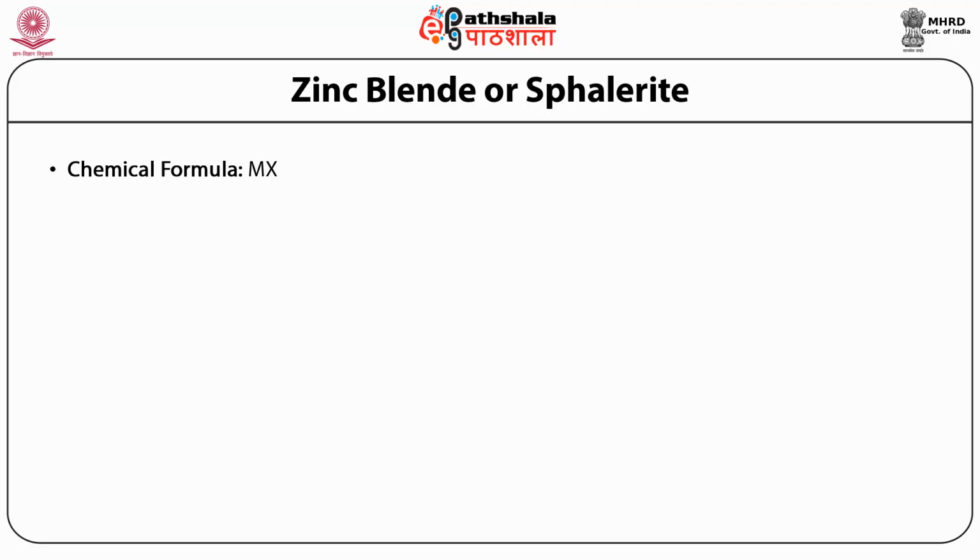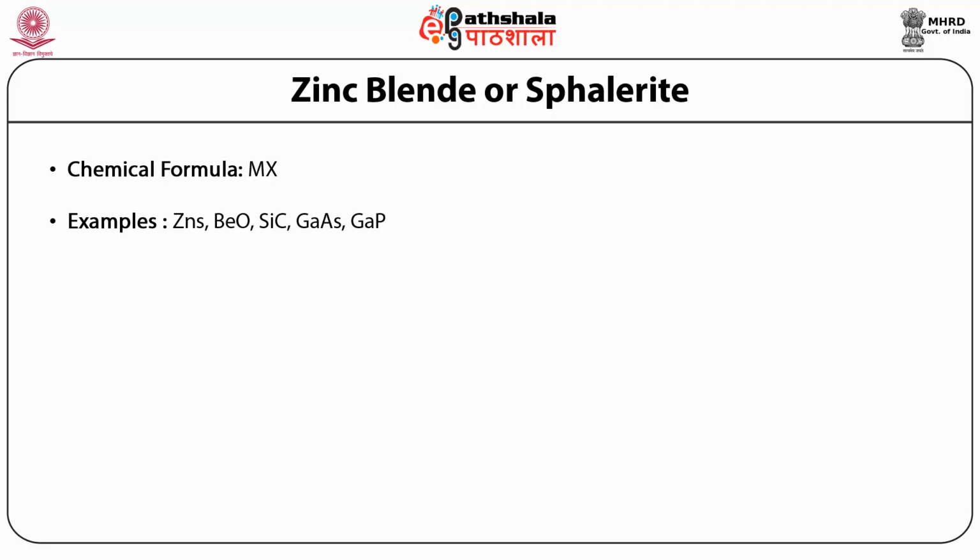Mostly oxides and sulfides follow this structure, and some examples are zinc oxide, zinc sulfide and BeO, that is beryllium oxide, etc. Some covalently bonded materials and compounds have similar structures, like gallium arsenide, silicon carbide and so on. You can also visualize diamond as having a similar structure, with both anion and cation being of the same type.